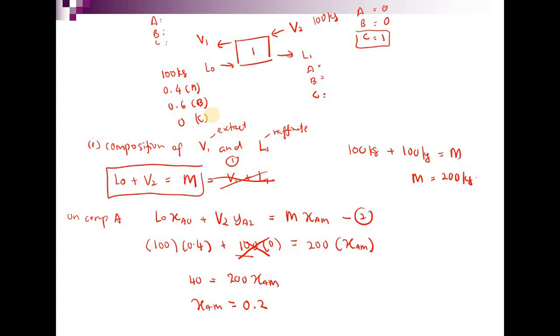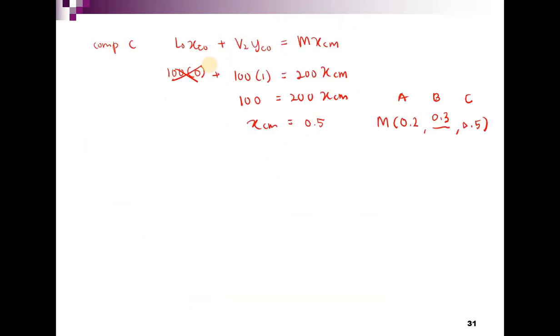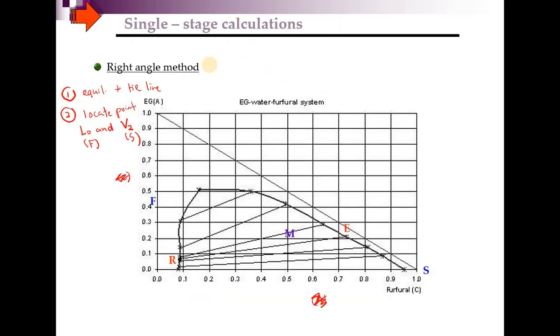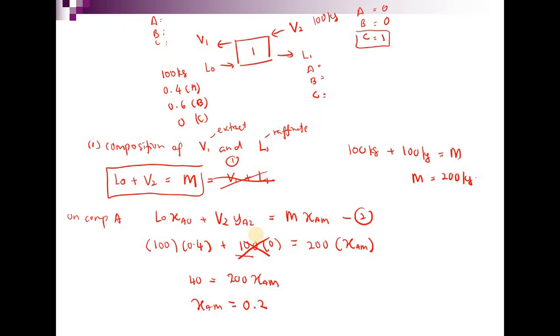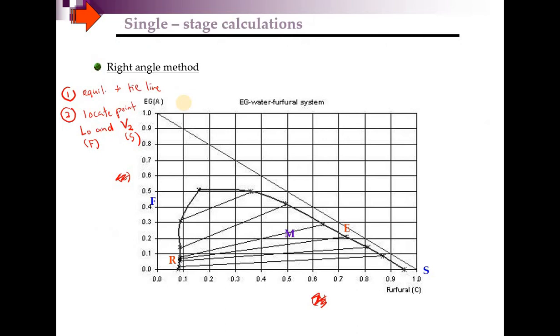So you go back to your diagram. In the right angle method, we only consider components A and C, so we don't bother about B. The coordinate for feed is 0.4 for A, C is 0, so 0.4, 0 is here.